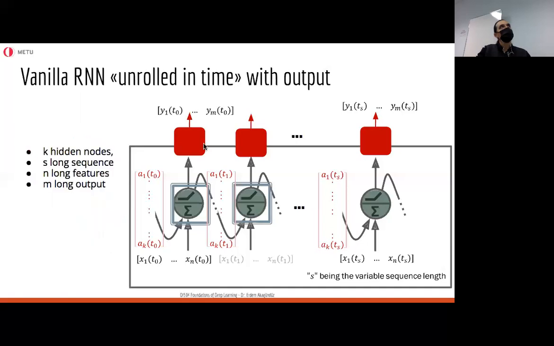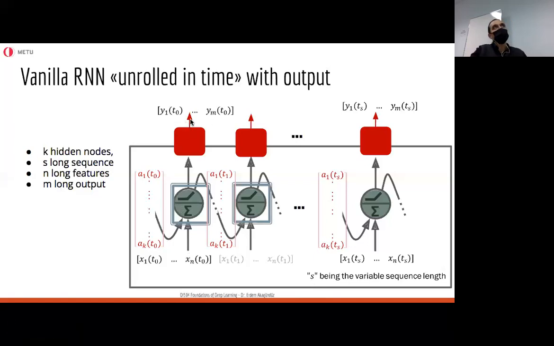Makes sense now. So in this one, I have m features. Feature is the length of a single element of the sequence. So at each time step, the sequence has m length features. I've got an s-long sequence. It starts from T0 to Ts, so it is not s, it is s plus 1, but it is a typo in the slides.